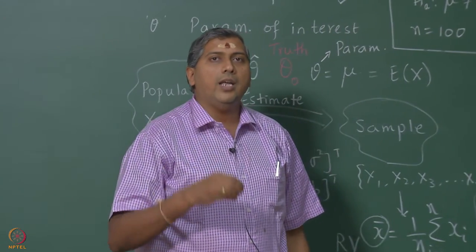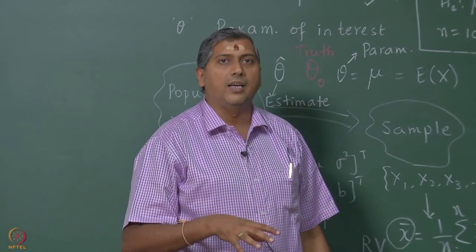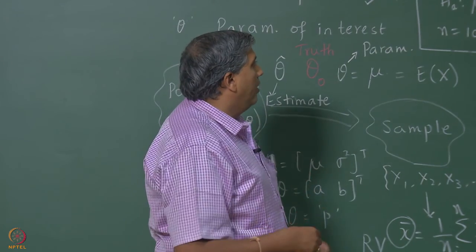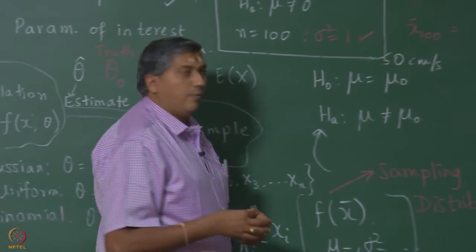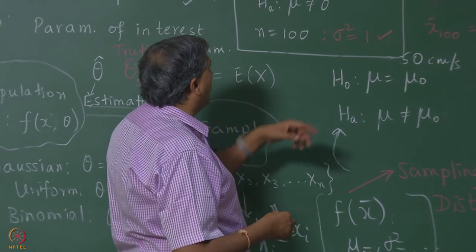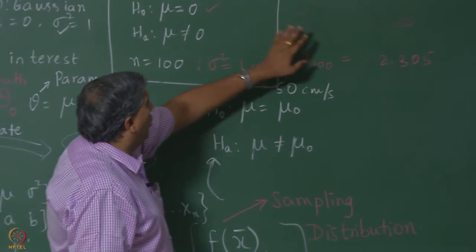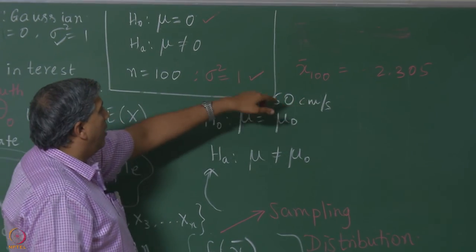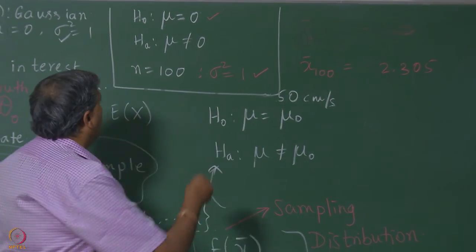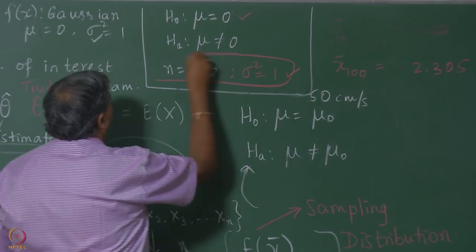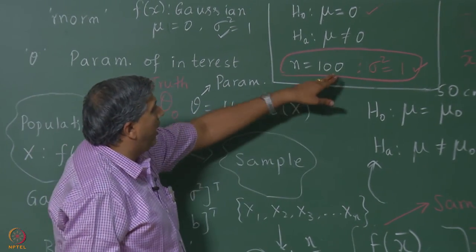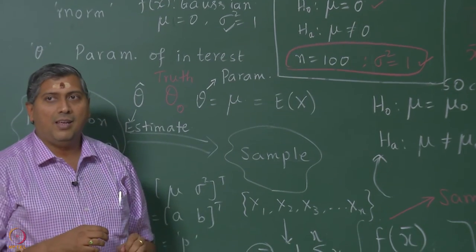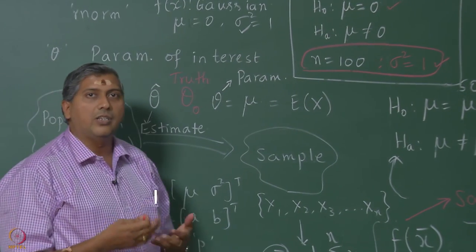Point number 2, any hypothesis testing will have an error because we are looking at probabilities. And number 3, this result of rejecting or not rejecting depends not only on the realization, but also on these factors. If I change this 100 to, let us say, 5, then again things will change and so on.